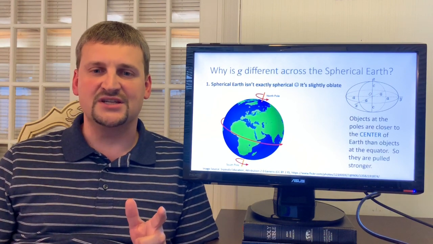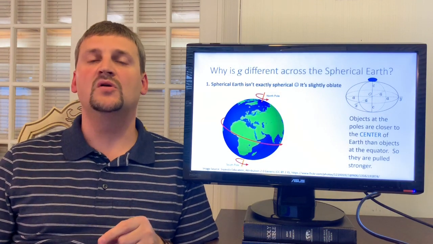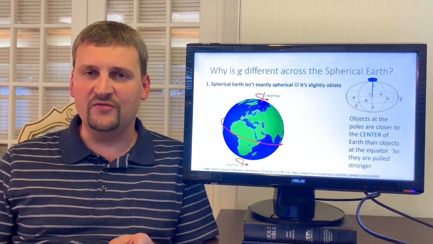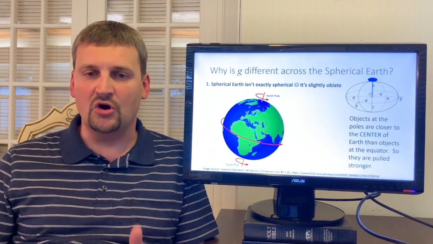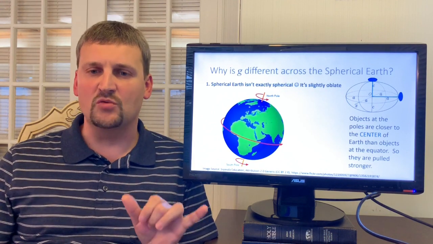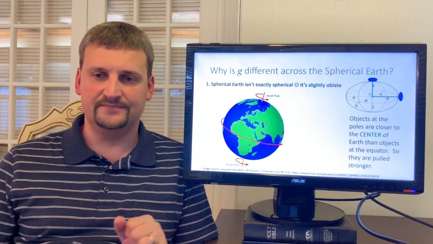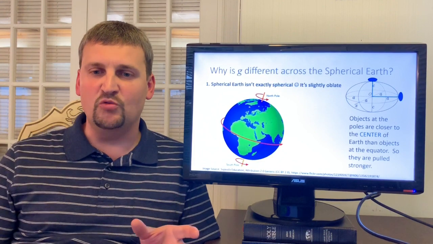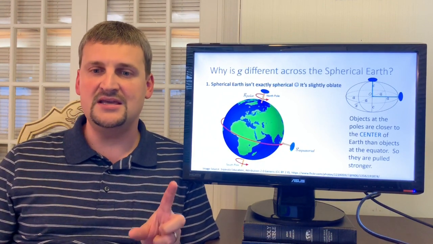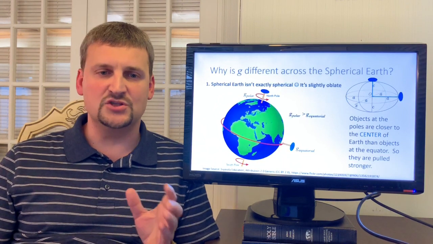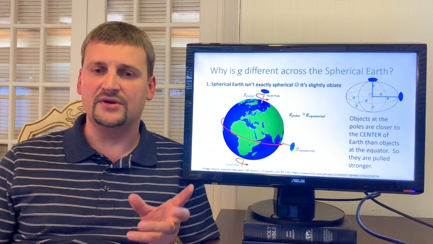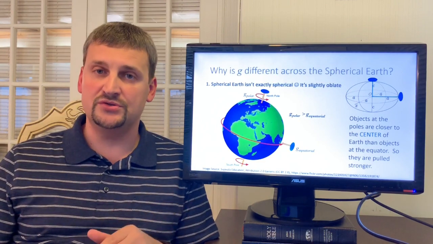Because of that, objects at the poles, for example, are closer to Earth's center and therefore are attracted stronger than objects at the equator, which are further away from Earth's center. It means that g will be greater at the poles than at the equator. It's quite easy to understand. The greater the force of attraction, the greater acceleration it produces.